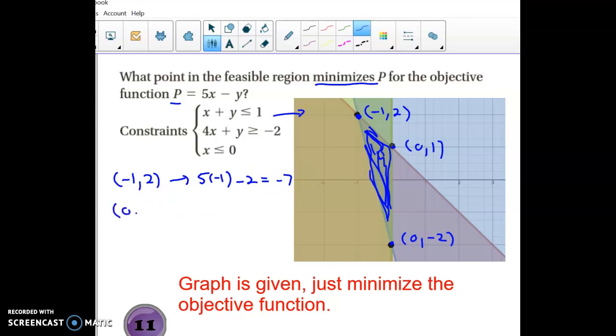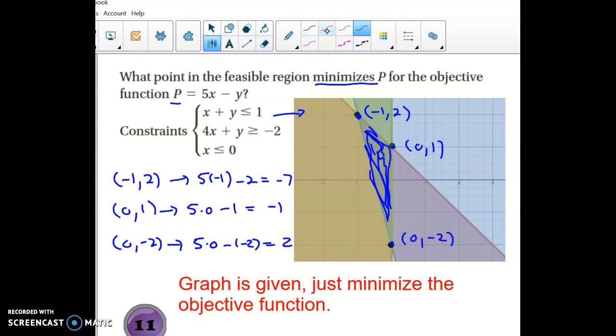The 0, 1 point would be 5 times 0 minus 1, which is -1. And then the 0, -2 point is 5 times 0 minus -2. So that actually comes out as +2.